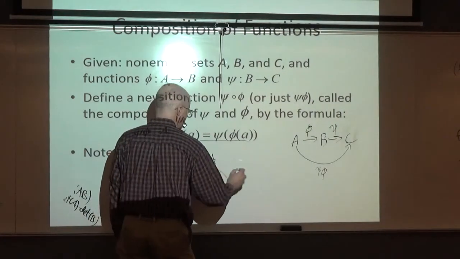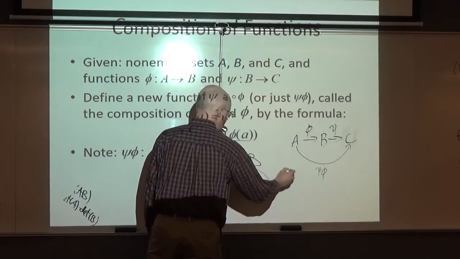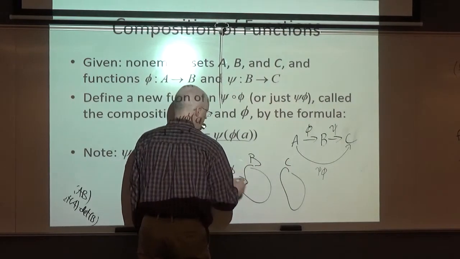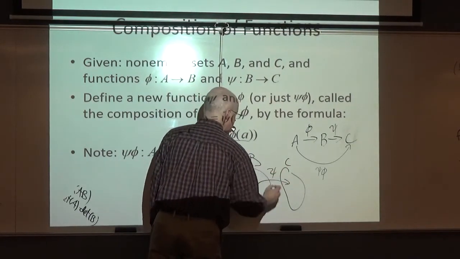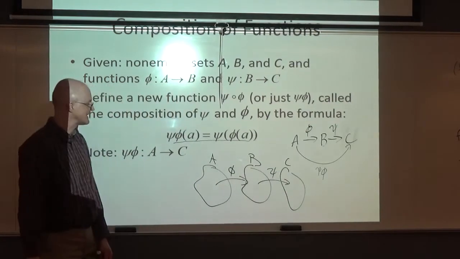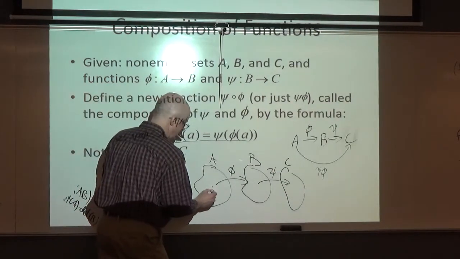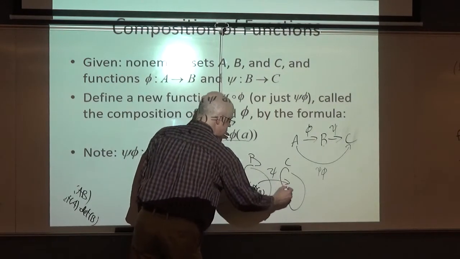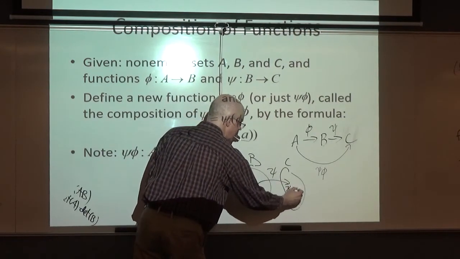Sometimes we do Venn kind of diagrams as well, blobs, to represent the sets, and you imagine the functions as being what are called mappings, mapping elements in one set to other sets. Like if you start with an element A there, you get mapped to phi of A here, and that gets mapped to psi of phi of A here.